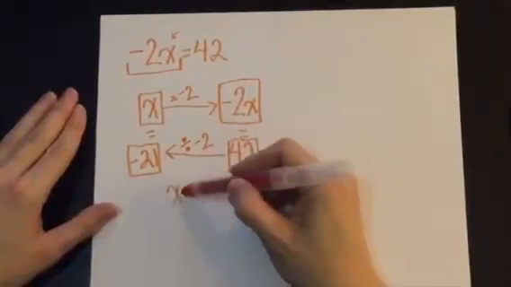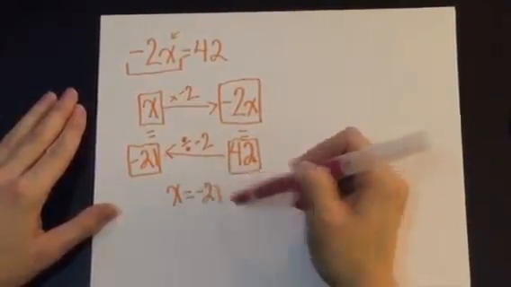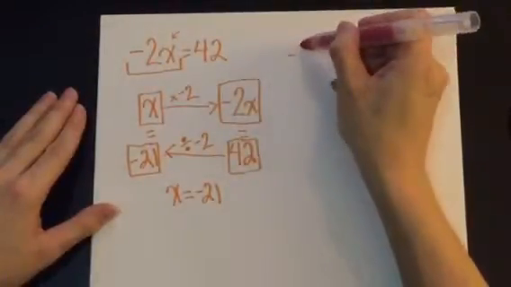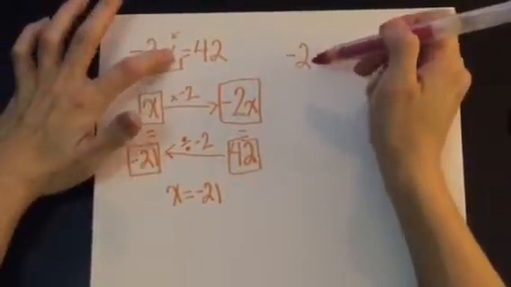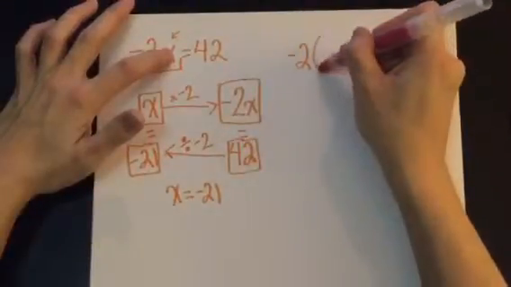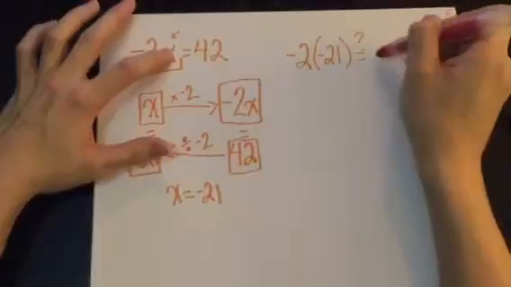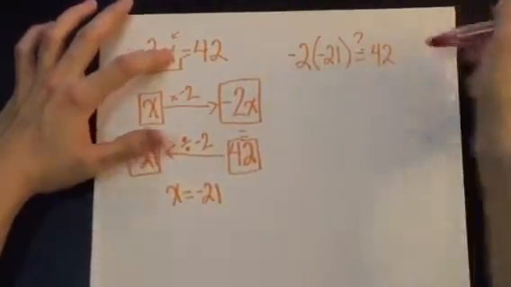So x equals negative 21. And we should always check it. We take the original equation and substitute negative 21 instead of the x, and we're going to see if it equals positive 42.